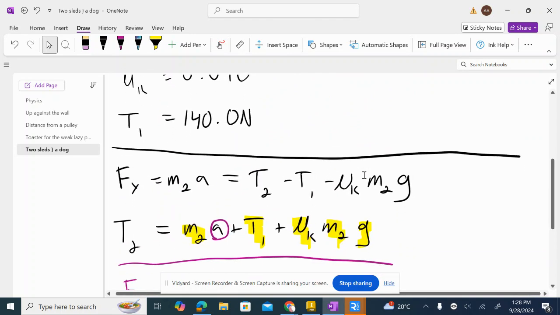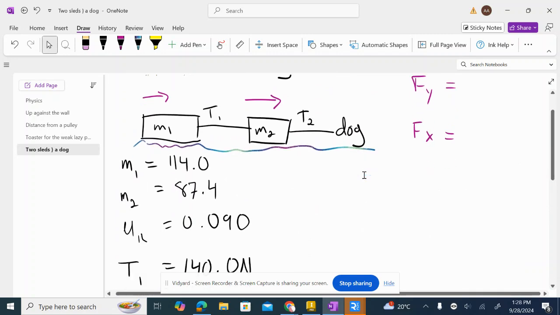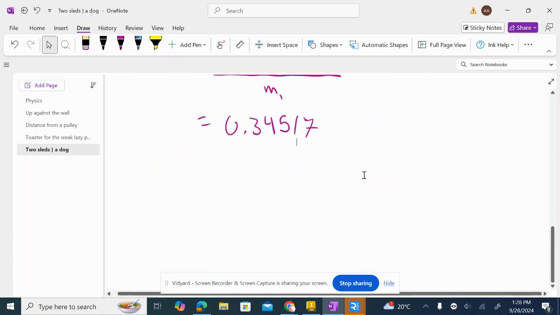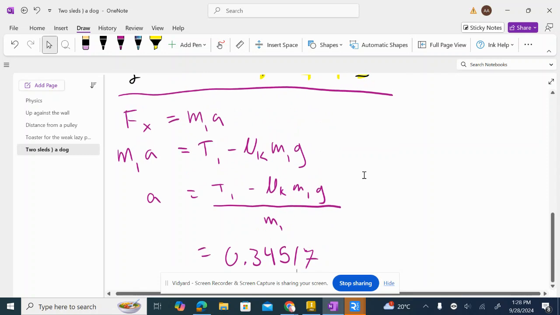Anyways, we go back up here and we can now plug in all of our values. M2 is equal to 87.4, which we multiply by a, which we found to be 0.34. Remember, 5 rounds down if it's an even number.